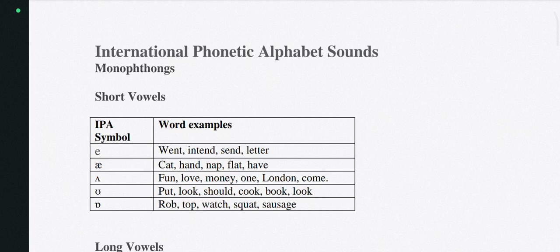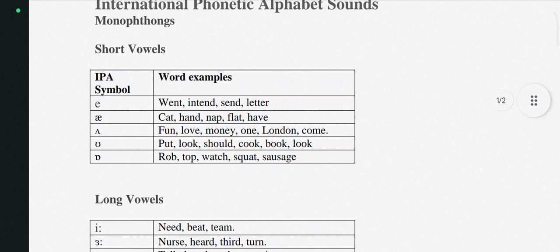Why monophthongs? Mono means single, means one. Because it is made of one phoneme, it is called a monophthong. So look at these short vowels. What are the sounds given over there? First is a. So how do you pronounce it? It is not the letter E.